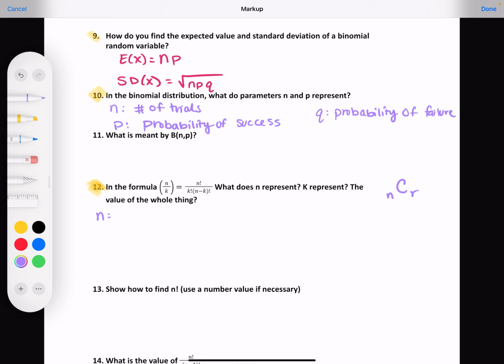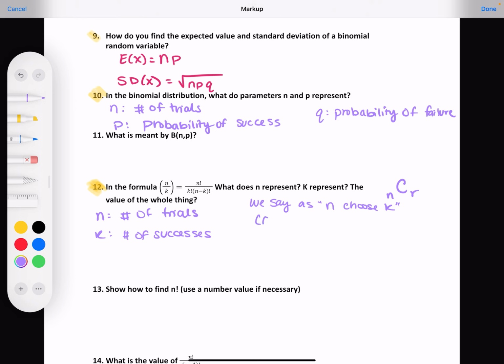N is the number of trials still. For them, K is the number of successes. We say it as N choose K. So that means you have N things, choose K amount of them, however many K is.